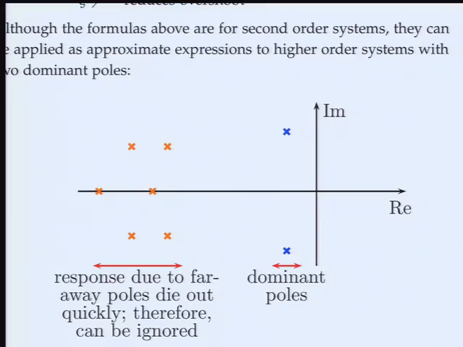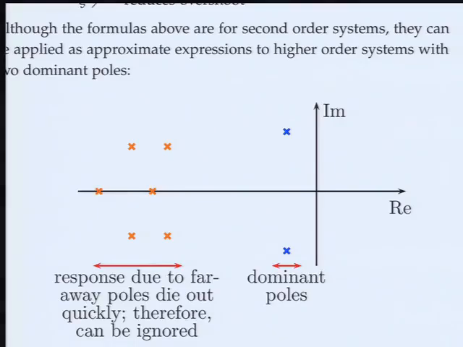In those situations, you can approximate your transfer function with a second-order one that captures those 2 poles. What happens to the rest? They are still there, but remember the effect of poles that are far, far away. They settle down very quickly, right? Because they are far away.